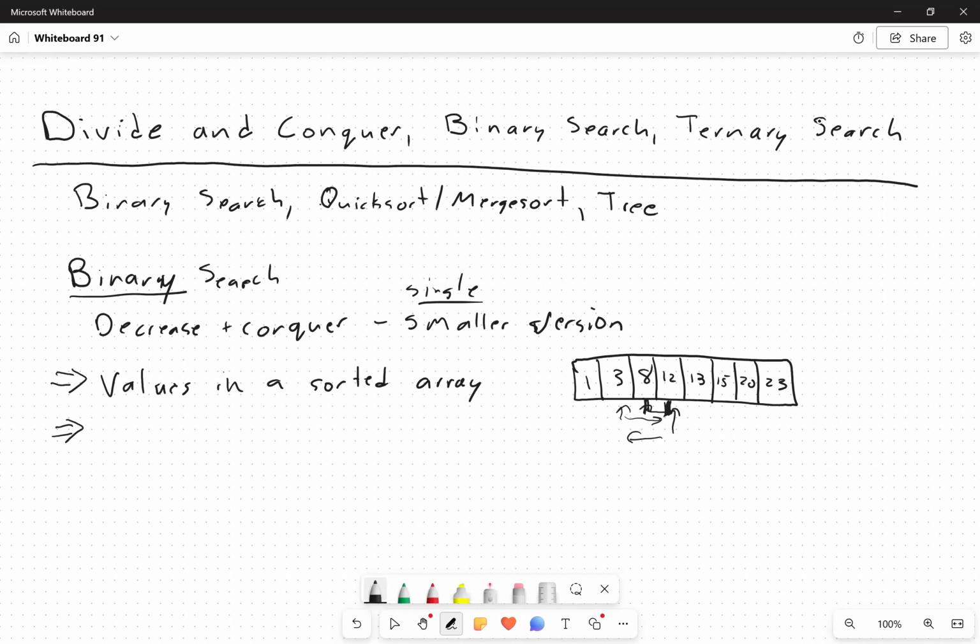So you can use this to find an element in the array. This is the common thing. I hope everyone is very familiar with that idea and knows about binary search. Again, we've talked about that before.